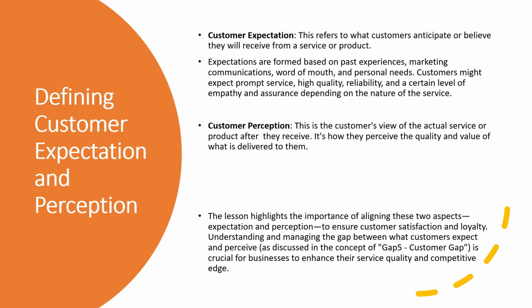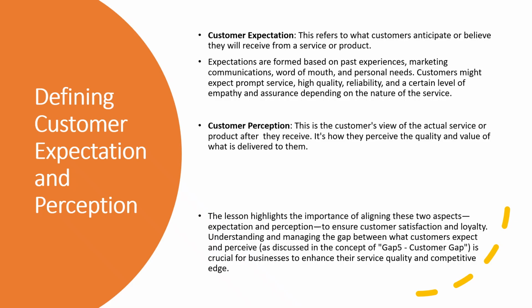Expectation is what customers anticipate or believe they will receive from a service product. And so they are formed based on past experiences, as we have seen, factors in the previous slide, marketing communication, word of mouth, personal needs. So customers might expect, for example, prompt service, high quality, reliability, and a certain level of empathy and assurance, depending on the nature of the service they are out to receive.